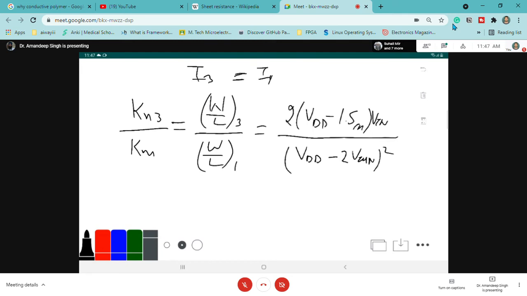Now, since both are NMOS, if we make the W by L ratio of M1 greater than the W by L ratio of M3, what does it mean? That M1 has greater capability of sinking the current as compared to M3.